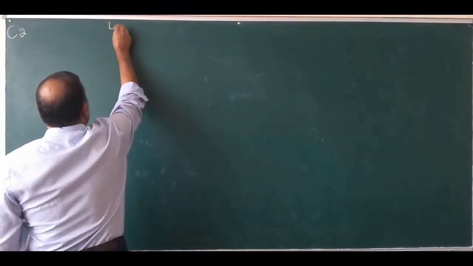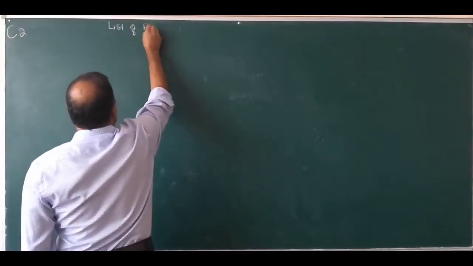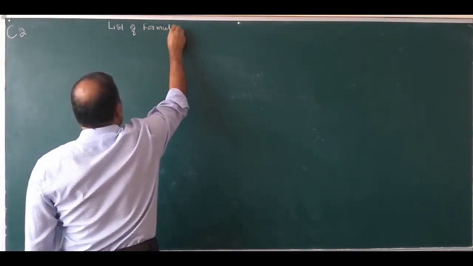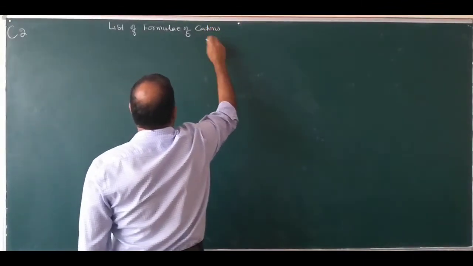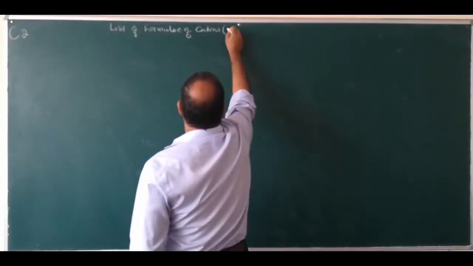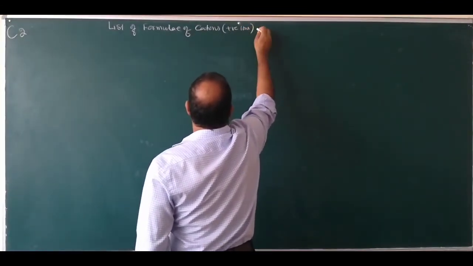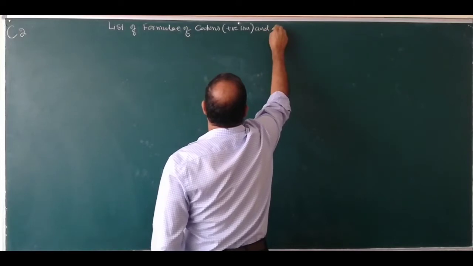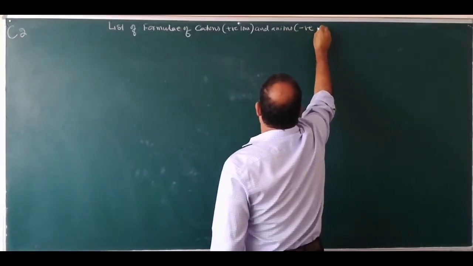So, list of formulae of cations. Cations means positive ions, and anions means negative ions.